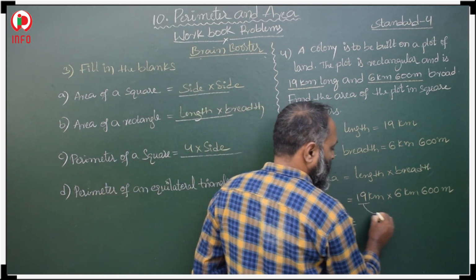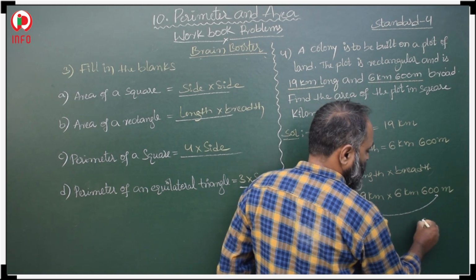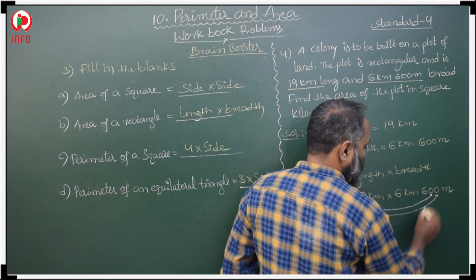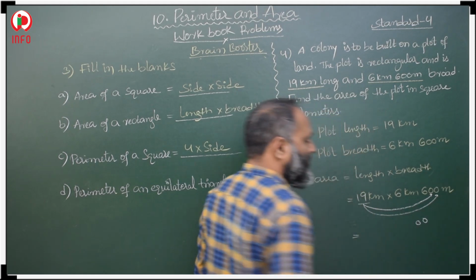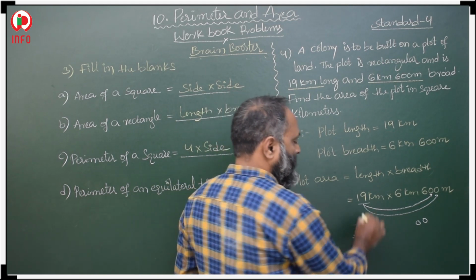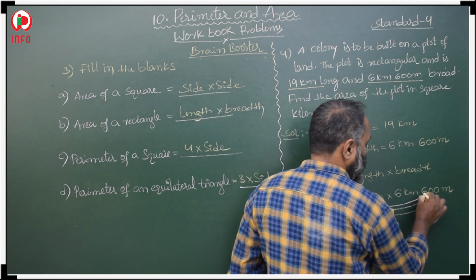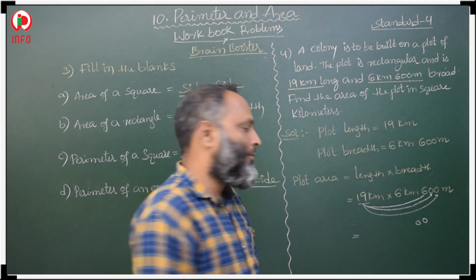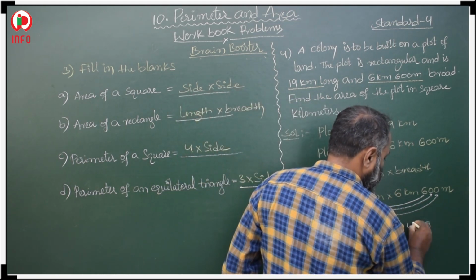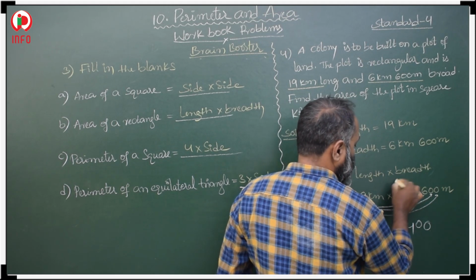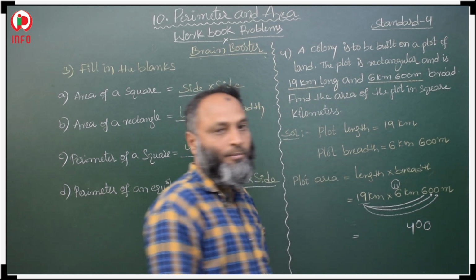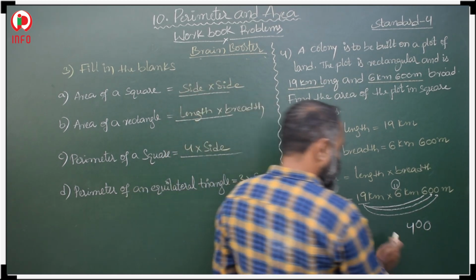Okay, 19. So 19 with 0 first: 19 zeros are 0. Again 19 with this 0: 19 zeros are 0. Then 19 sixes are 114. So this meter part is over.